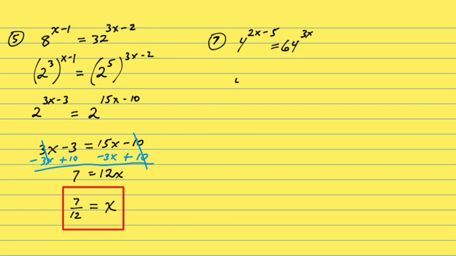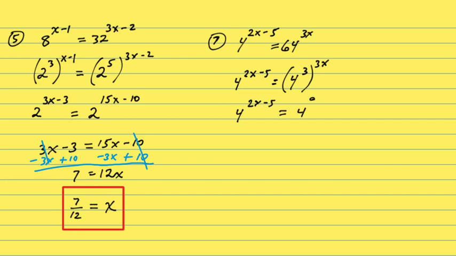Okay, I have 4 to the 2x minus 5. I could turn 4 into 2 to the second, and I could turn 64 into 2 to the sixth. However, 64 is also 4 to the third. So if I use 4 as my base, I can also make them equal to each other.